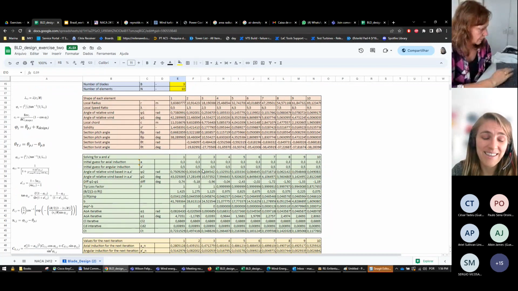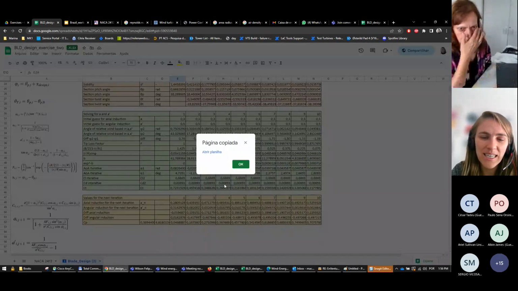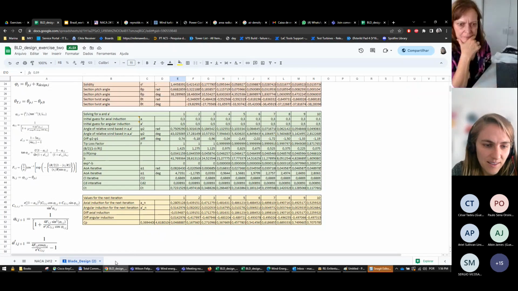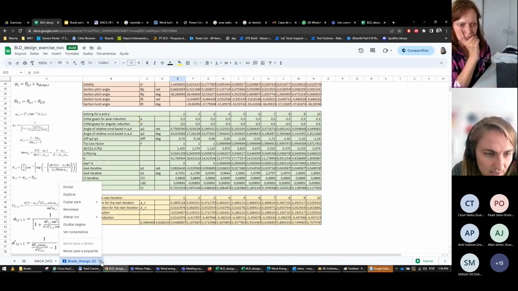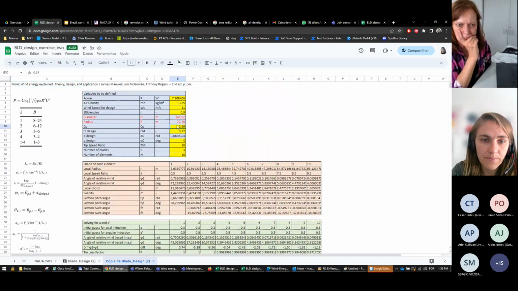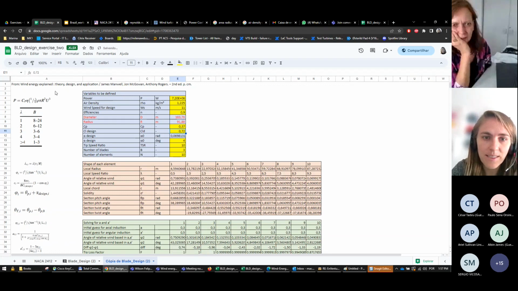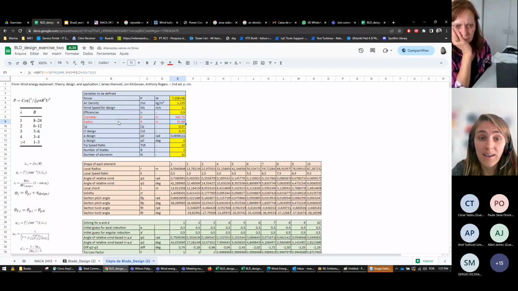So I copy this and do the next one. I duplicate here, and then my idea is that I can go here and now put 0.37. The first thing we can see is a huge difference in the radius and the diameter that our turbine needs to have in this next iteration.